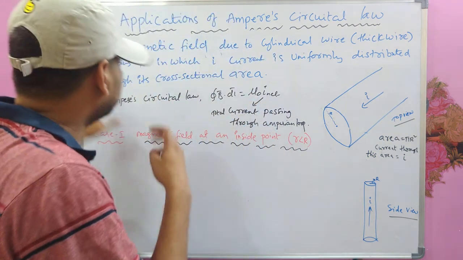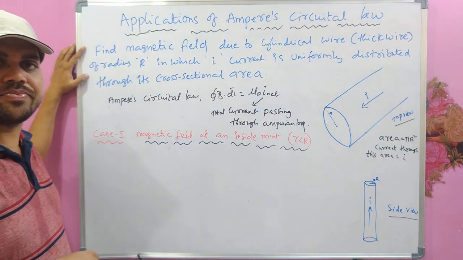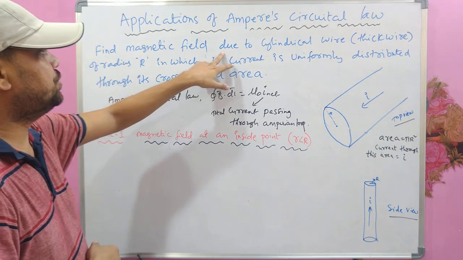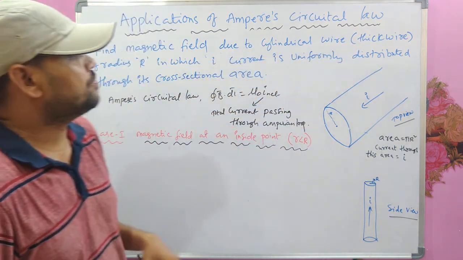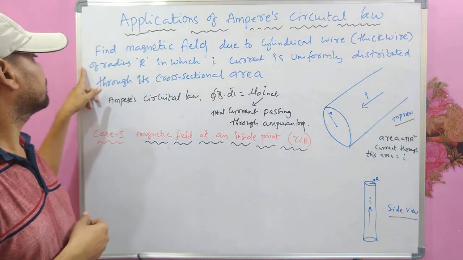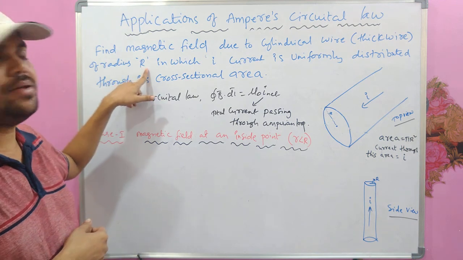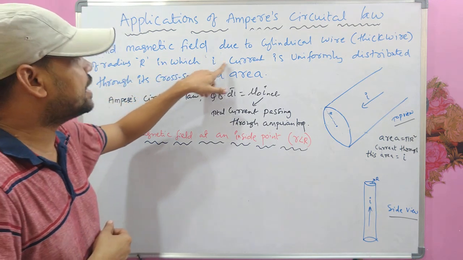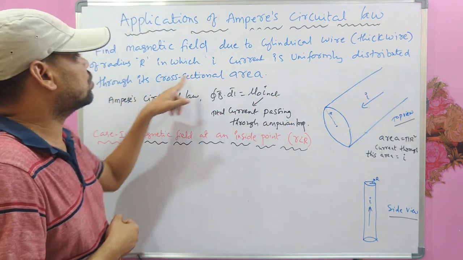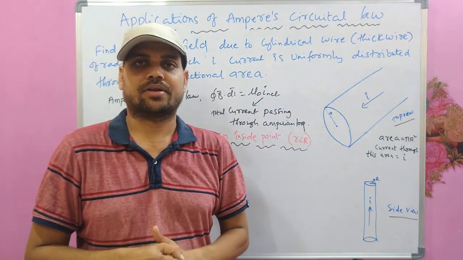Okay, so this is the problem that I have taken for today. Find the magnetic field due to a cylindrical wire, a thick wire in cylindrical shape of radius capital R, in which current I is uniformly distributed through its cross sectional area.